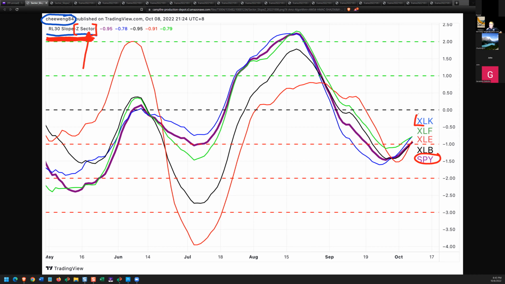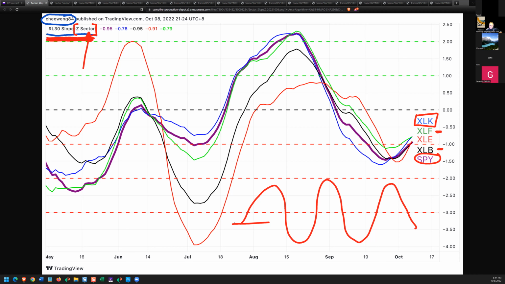The technology, XLK, which is the long-term aggressive growth engine of the S&P, and then finance and materials, which tend to be cyclic in nature, meaning that they go in and out of phase around the S&P.